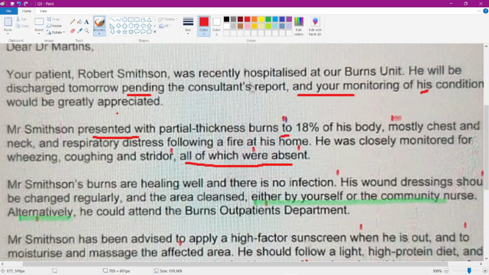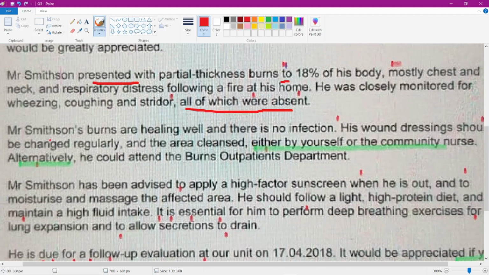Then it was Robert Smithson. From there we started with Smithson like that. See, apostrophe S we have used. Mr. Smithson's burns are healing well and there is no infection.